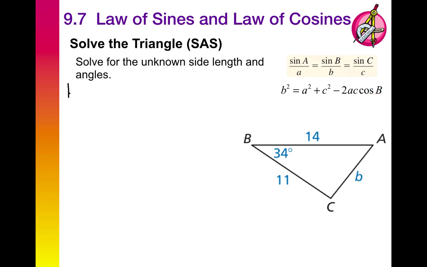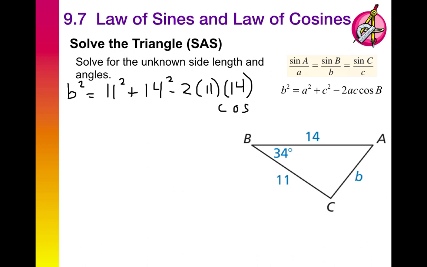We're going to have b squared equals a squared, so a is 11, so we're going to have that squared, plus c squared, which is 14, that's the opposite of the angle C, minus 2 times a times c times the cosine of the angle B, which is 34. And if we calculate all of this out, then we end up with B being equal to 7.85.